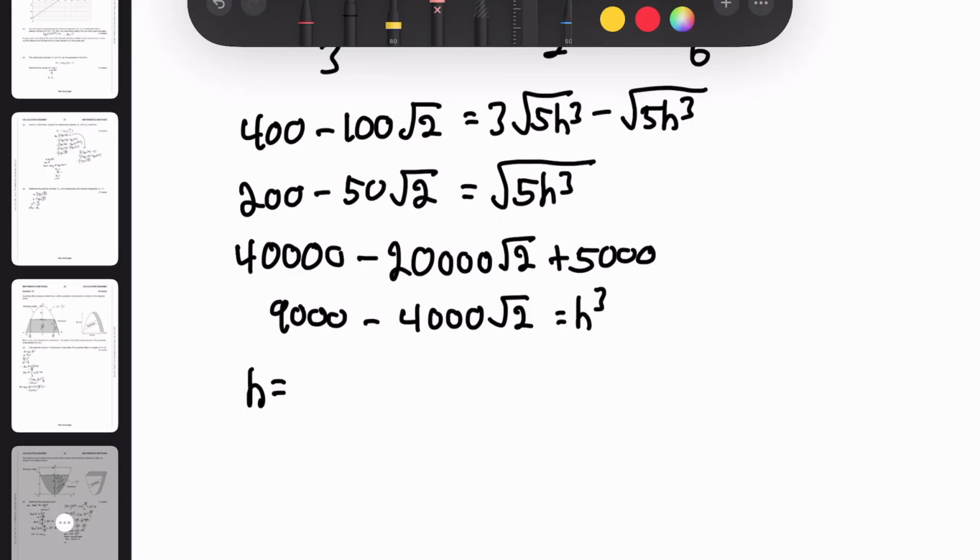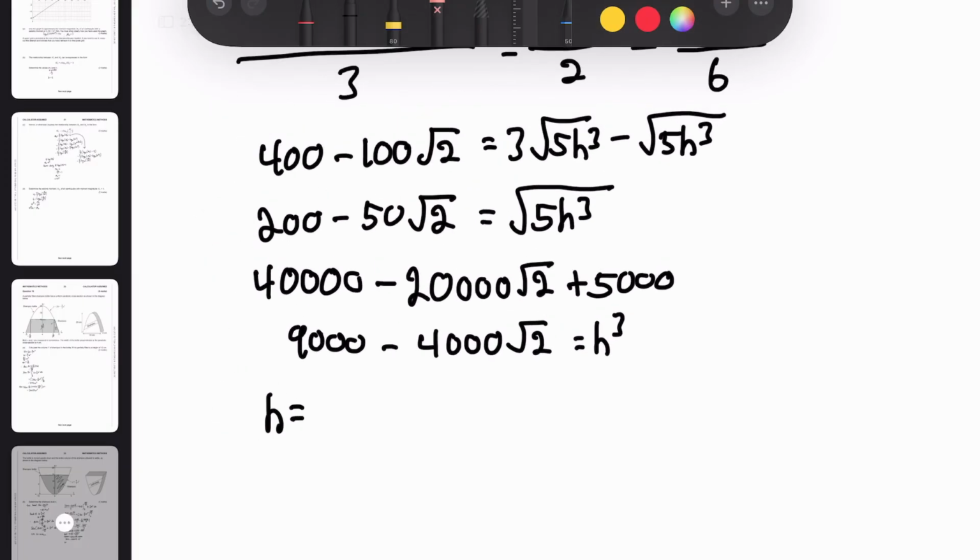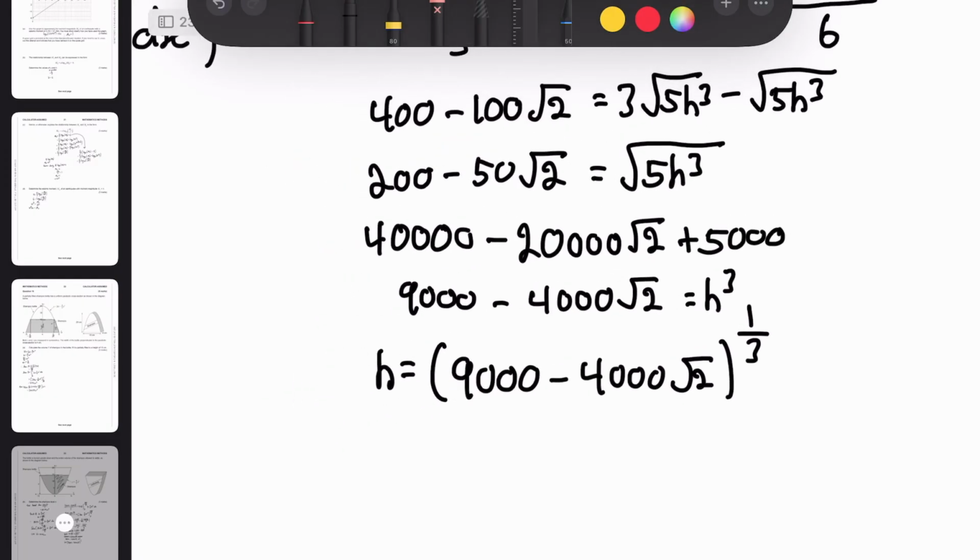So then we cube root the 1,000 and we keep the 9 on the inside, it'll be 10. And here, h is equal to 9,000 minus 4,000 square root of 2, to the power of a third, which will give us 14.95. Nice.